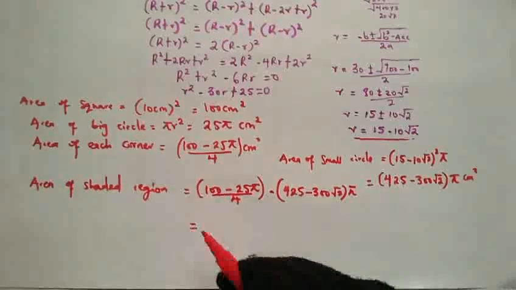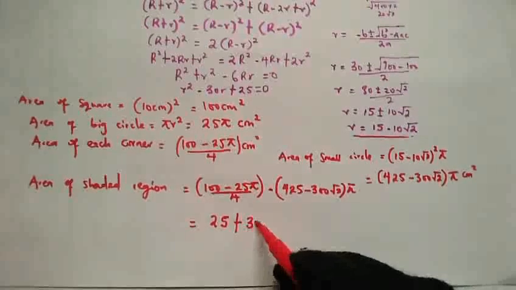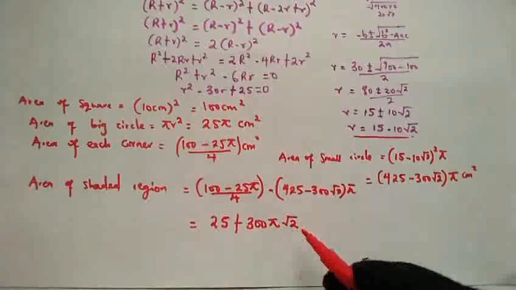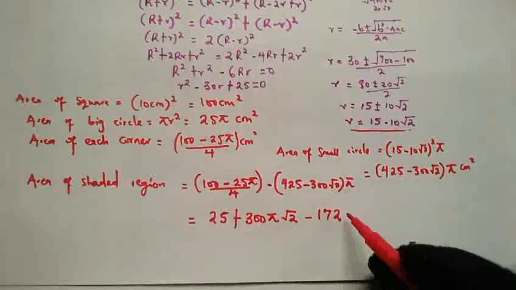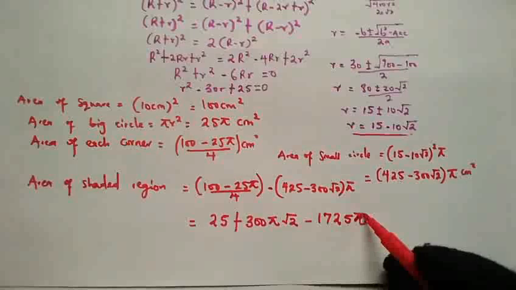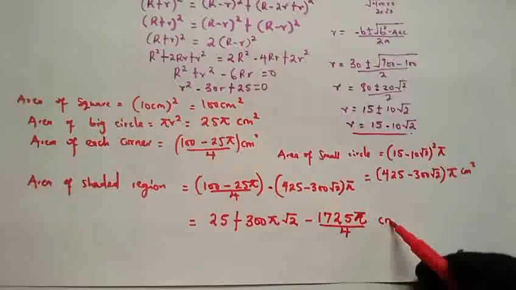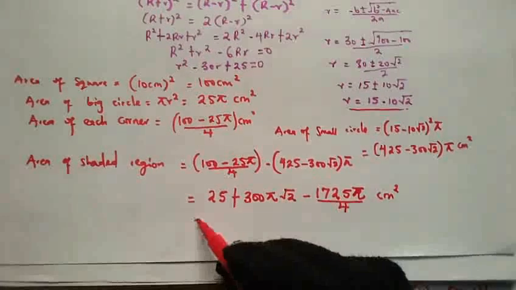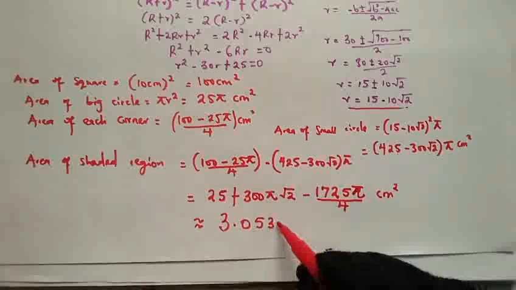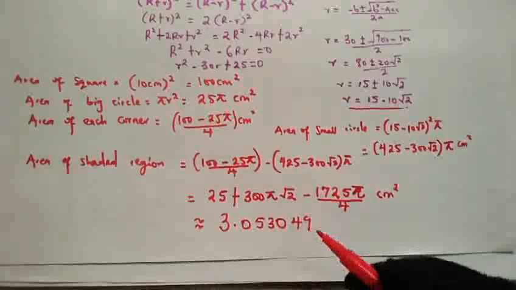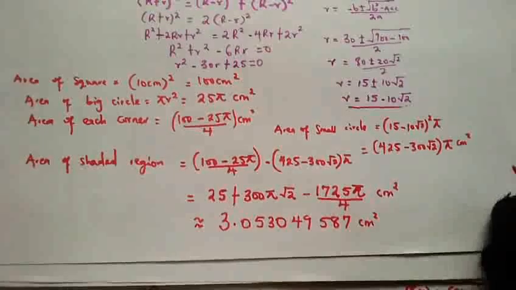Simplifying this, we have 25 plus 300 pi root 2 minus 1725 pi all over 4 square centimeters, and using a calculator this is approximately equal to 3.053049587 square centimeters, and this is the right answer to the problem.